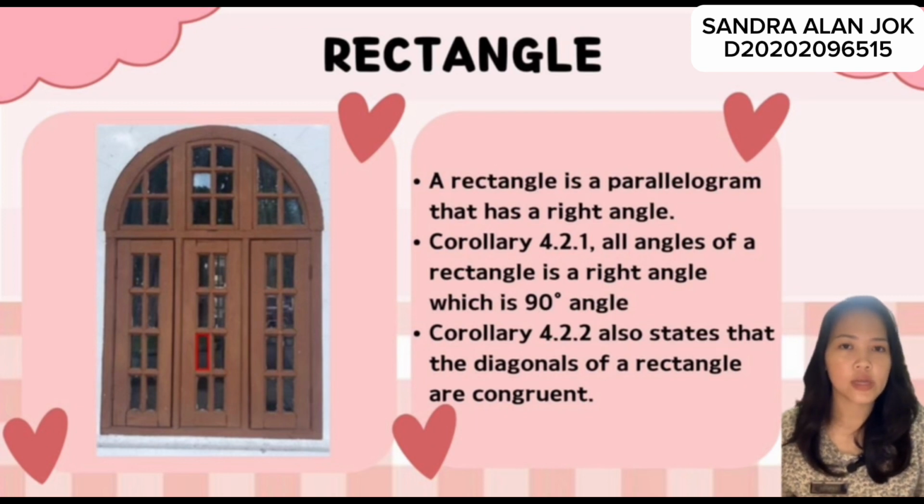A rectangle is a parallelogram that has a right angle. Based on Corollary 4.2.1, all angles of a rectangle are right angles, which is a 90-degree angle. Also, Corollary 4.2.2 states that the diagonals of a rectangle are congruent.